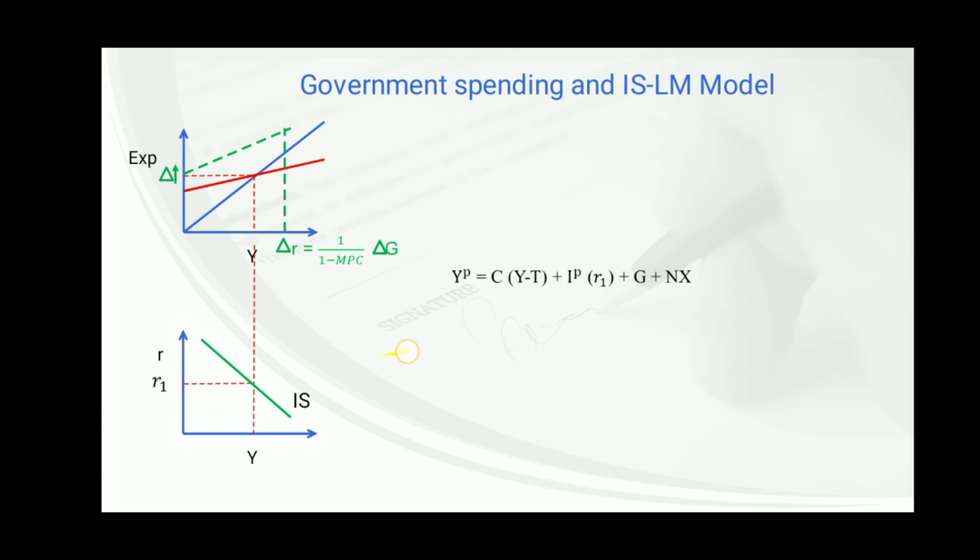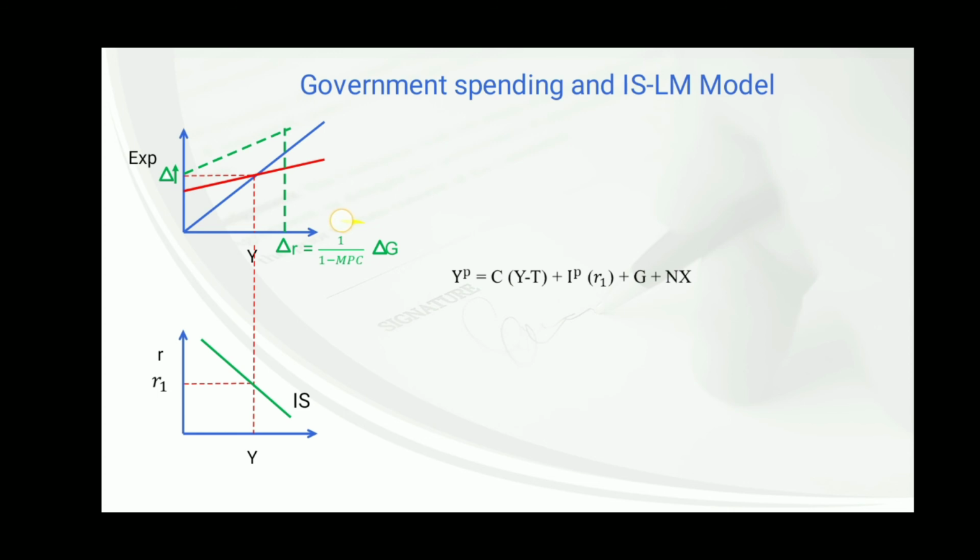Next, let's think about when government spending goes up. When government spending goes up, that will shift our planned expenditure up as well. So you change government spending, delta G, and you will get a new equilibrium level of real GDP.